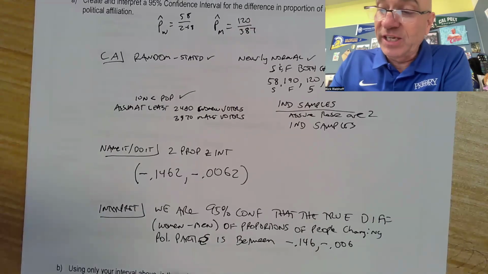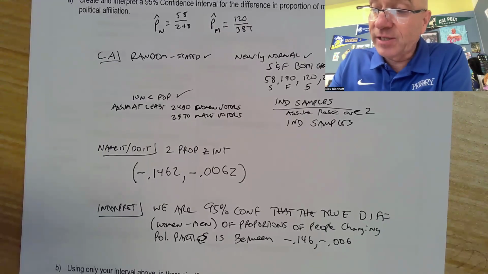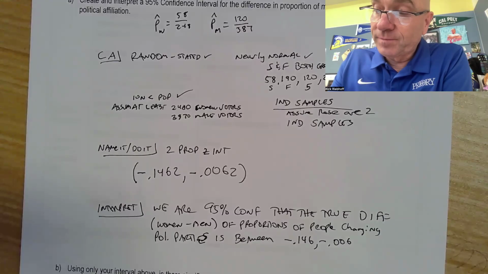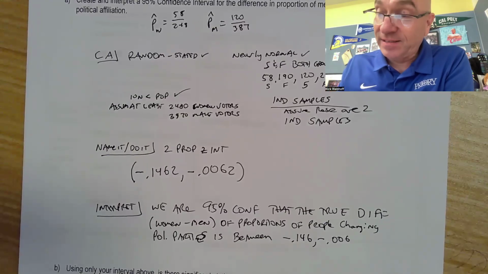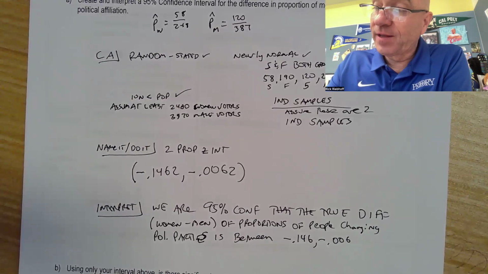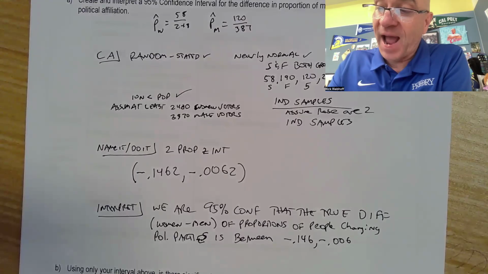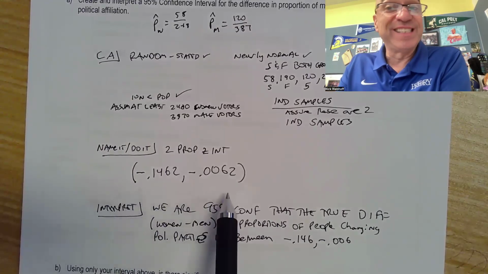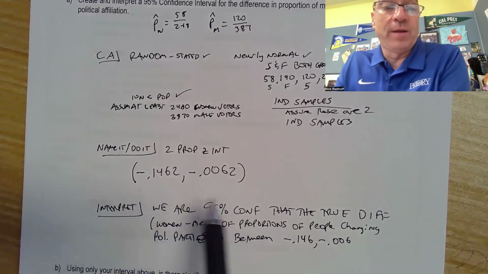All right. So zero is not in the interval, and it is above the right bound. Or the entire interval is negative would be another way to put it, right?